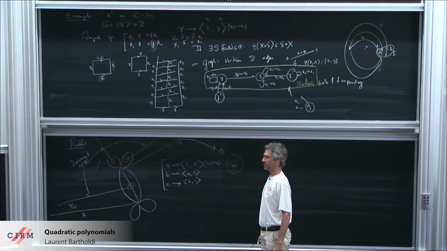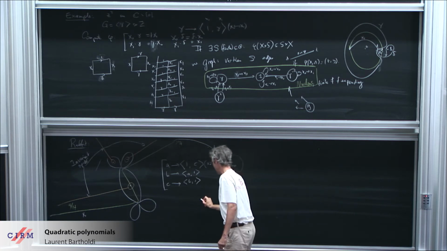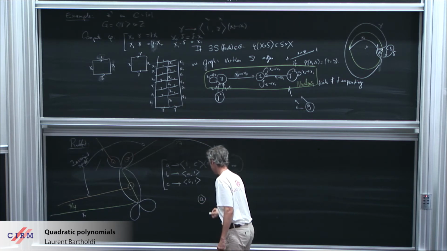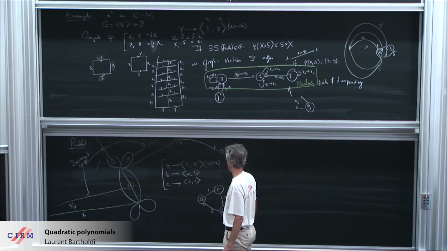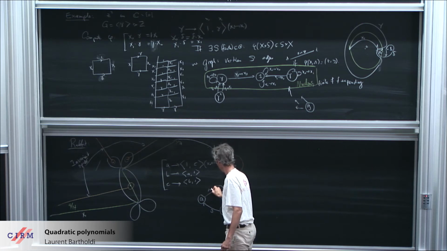So this is also something that you can write as a graph. A goes to C, goes to B, goes to A, with the labels 1, 0, 0. And here, 0.